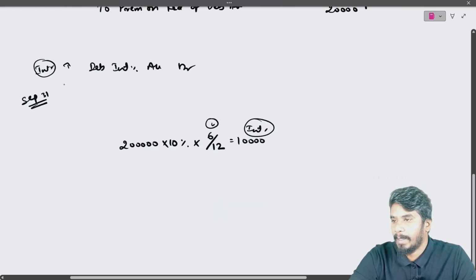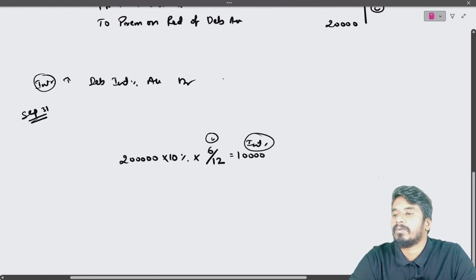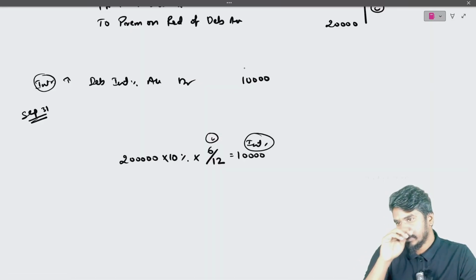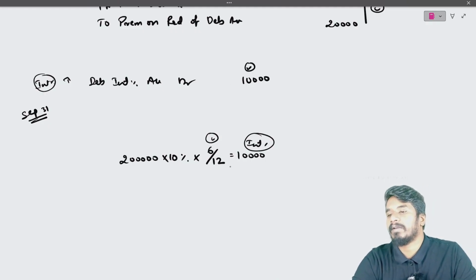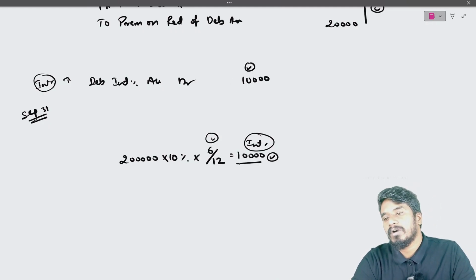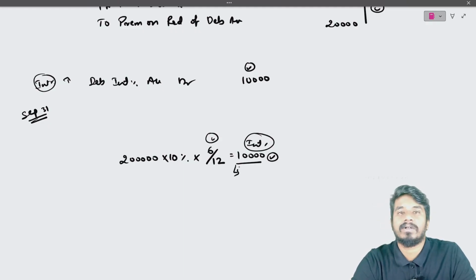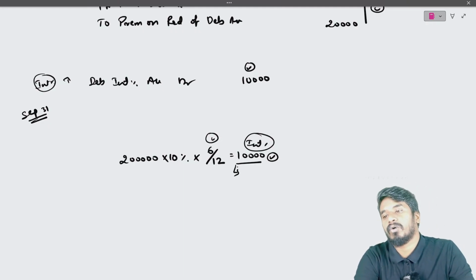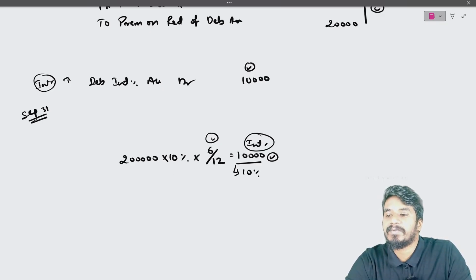Right. Fine. So debenture interest account will get debited for how much? 10,000. Fine, sir. So out of this 10,000, whatever we got, we need to pay to the debenture holders. Out of this 10,000, we need to deduct the tax and remit it to the government. So how much is the tax? Which is 10%.